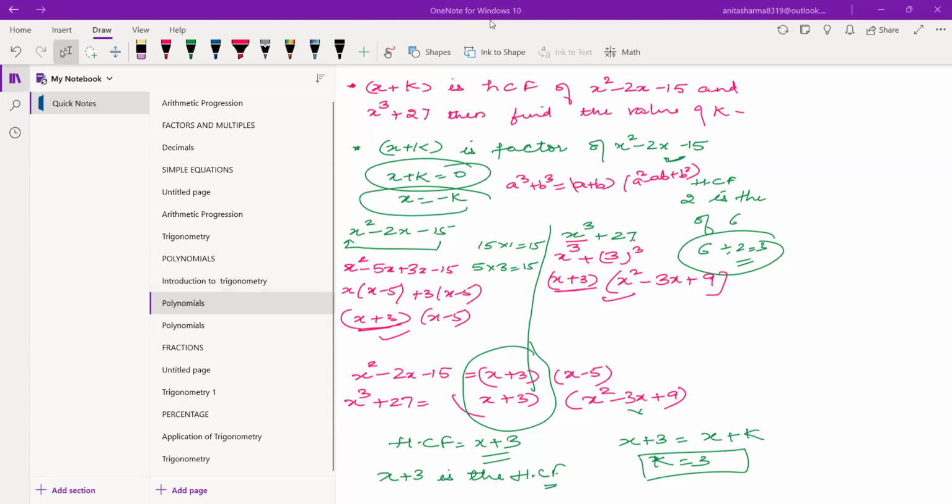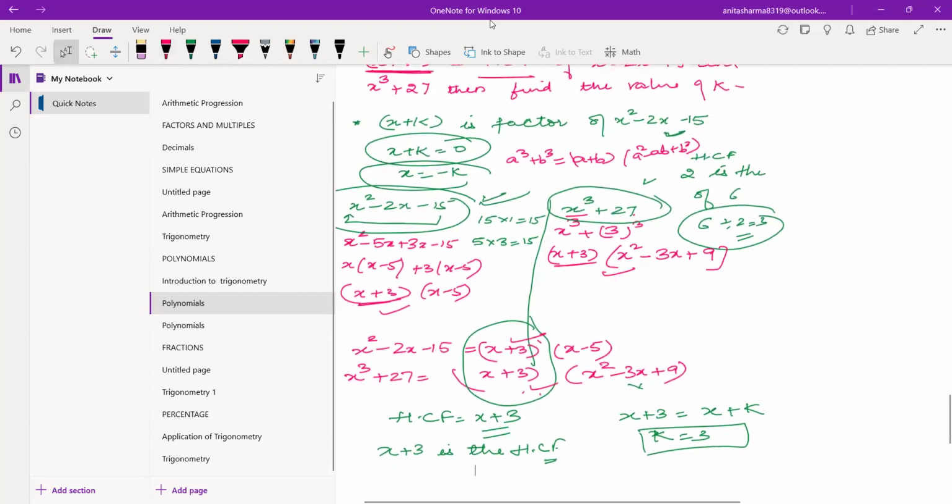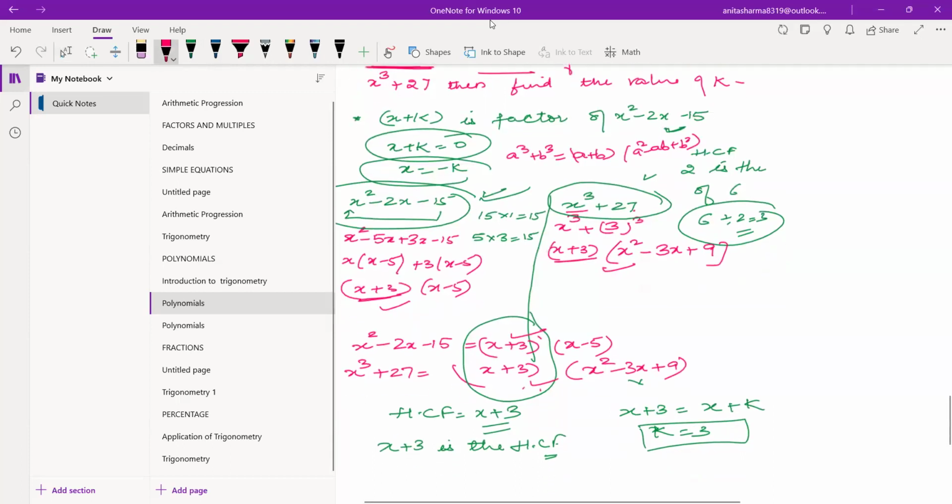So here we have made the factors of this and we have found the factors of x cube plus 27. Now we have equated the common factor, so that is x plus 3. Now in the question itself we have been given that x plus 3 is the HCF. So on comparing both the HCFs, you have got the value of k as 3. Okay?